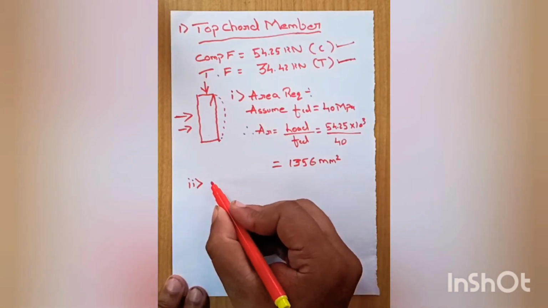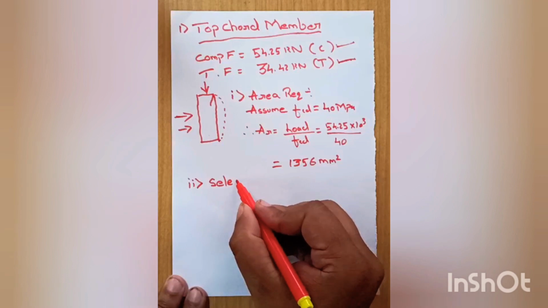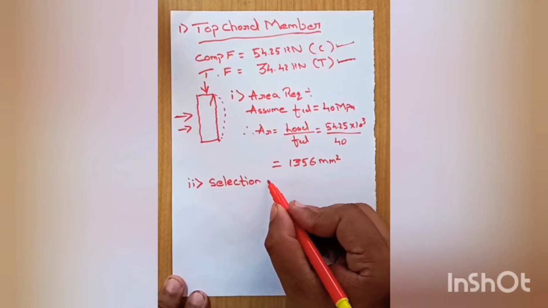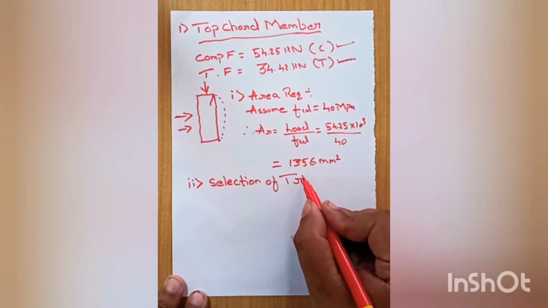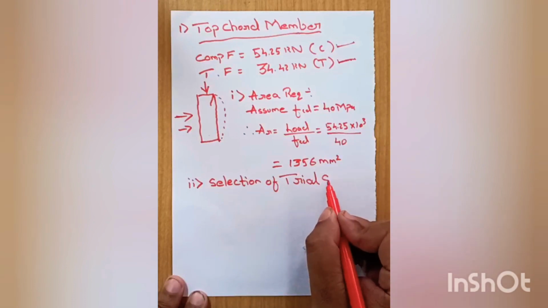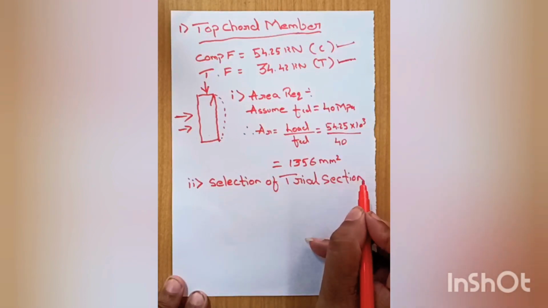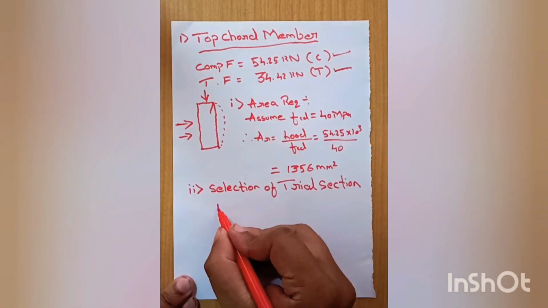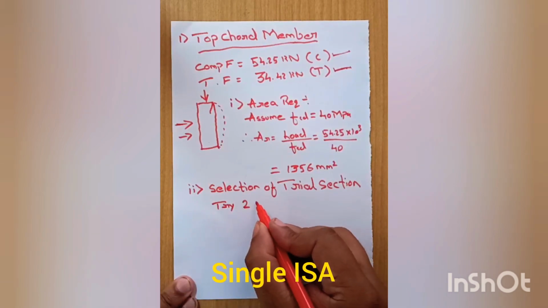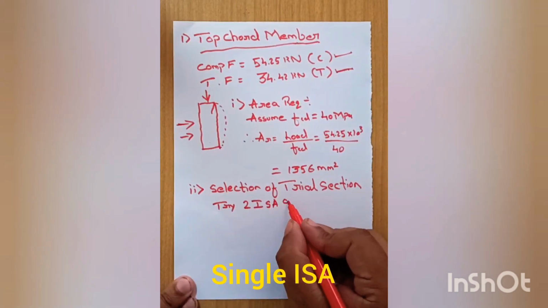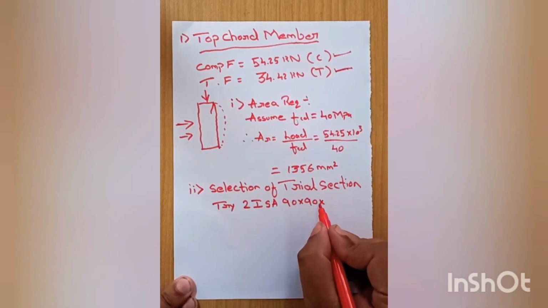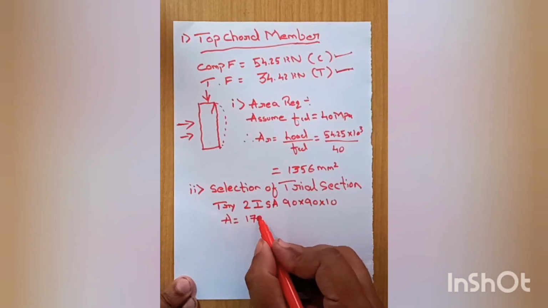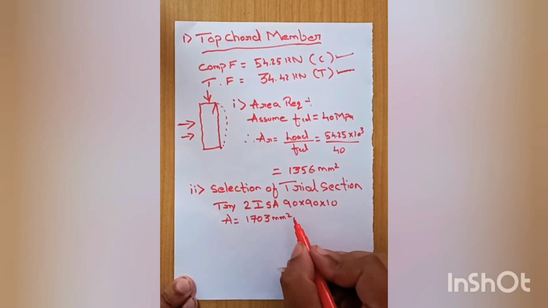Next, I will select this section from the steel table. So selection of trial section. So from the steel table, I will try 2 ISA 90 90 10, the area of which is 1703 mm square.